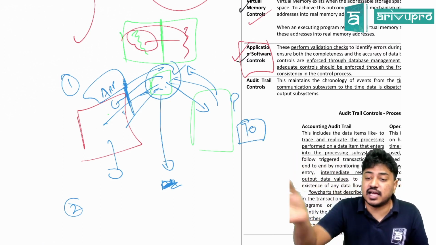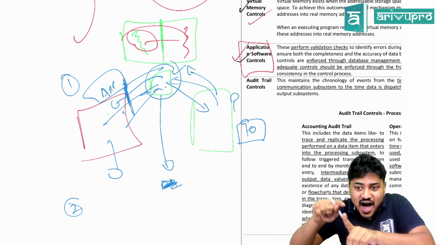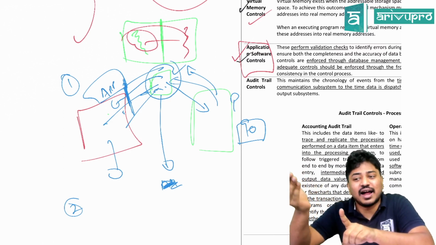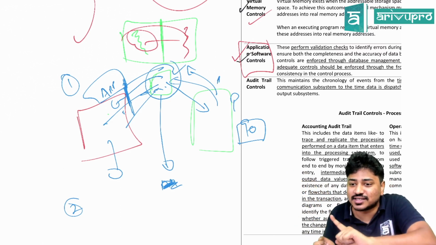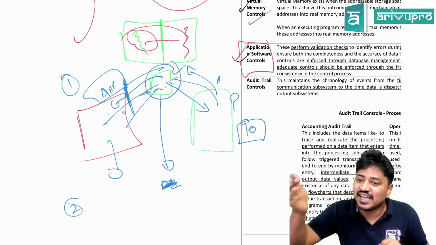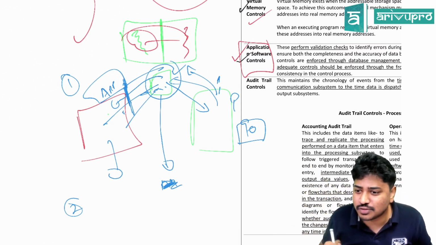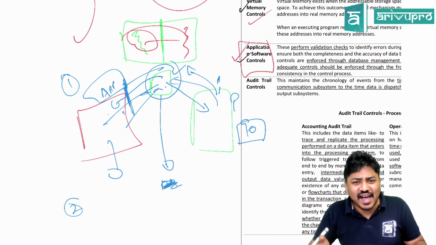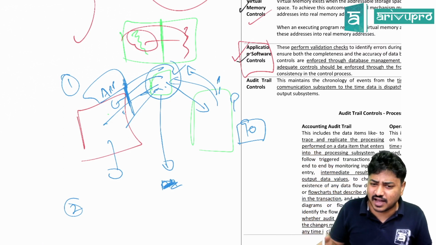Now the processor says, hey, Kumari has withdrawn 10 rupees. The database is getting an instruction from the processor that Kumari withdrew 10 rupees. The database will get confused, no? I sent Kumar's data, and you are saying Kumari's has withdrawn.